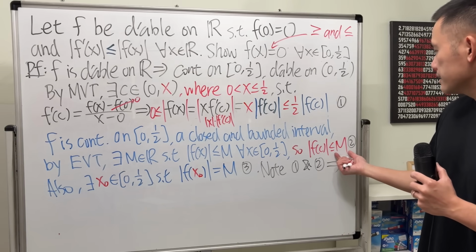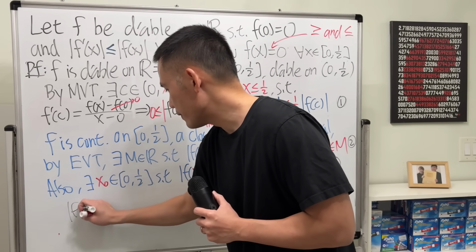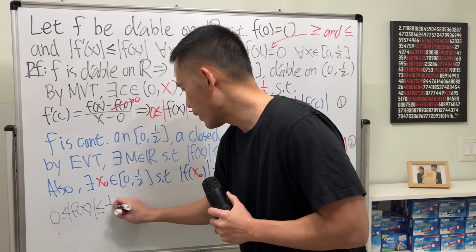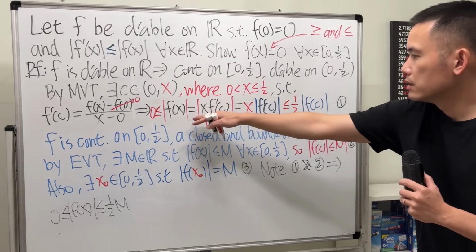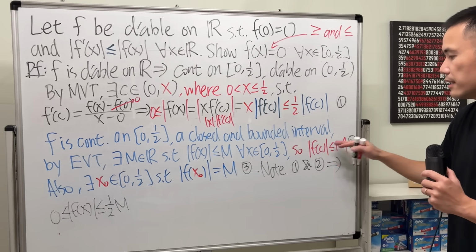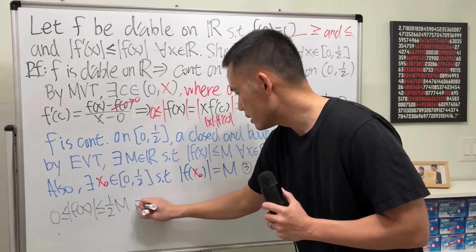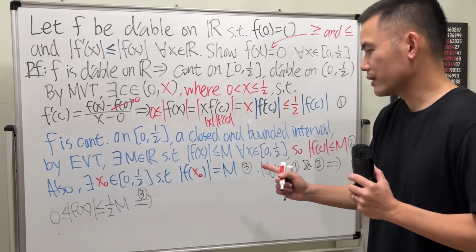I'm just going to replace the m right here, so we get absolute value of f of x is in between 0 and 1/2 m. Combining the first inequality here and the second one.